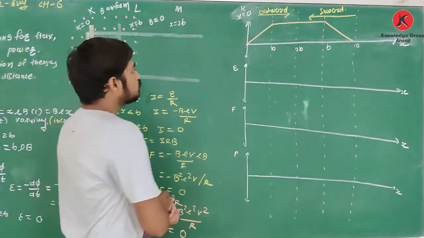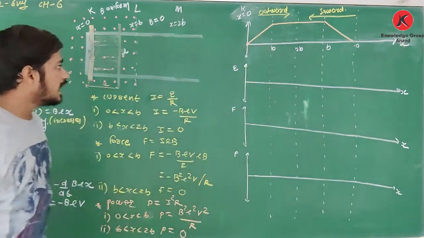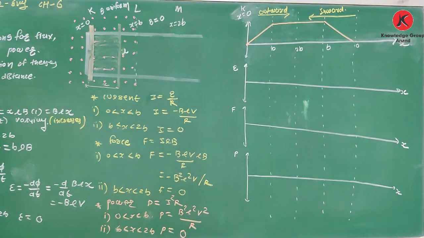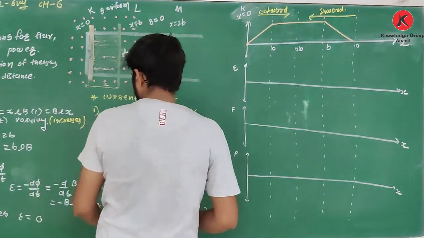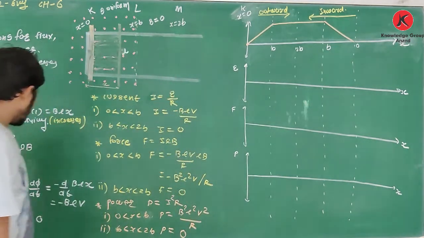How? See, due to change in flux, EMF is induced, and between 0 to b, see what is EMF? EMF E is equal to minus BLV. Then how to draw the graph of this EMF? Minus BLV. Here it is.